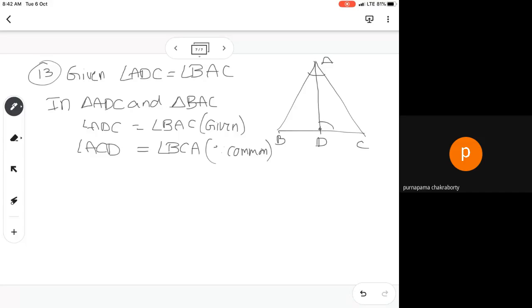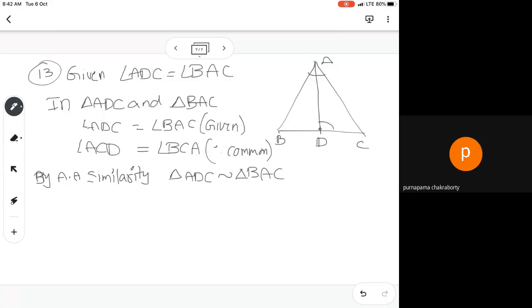Therefore, by AA similarity, triangle ADC is similar to triangle BAC.